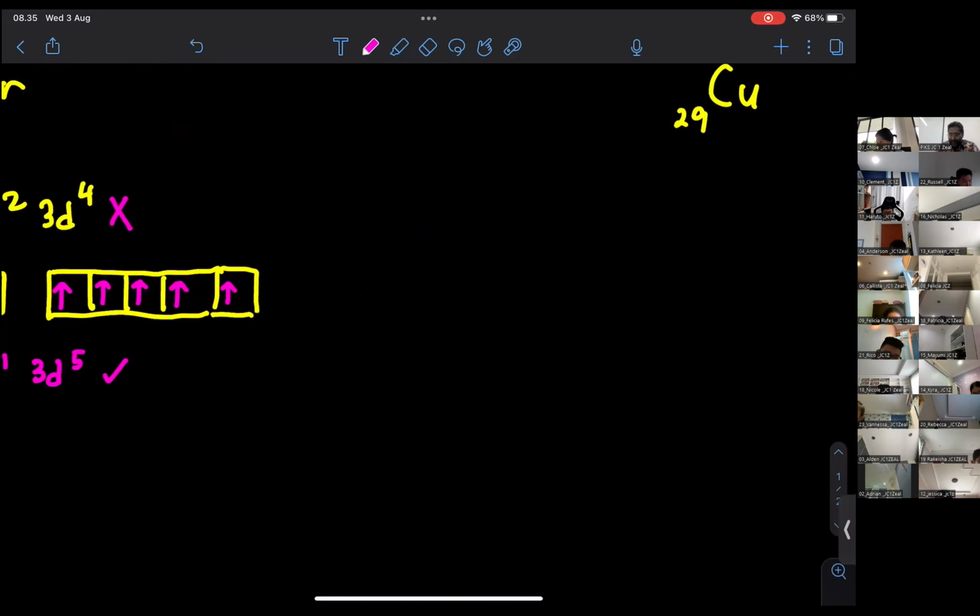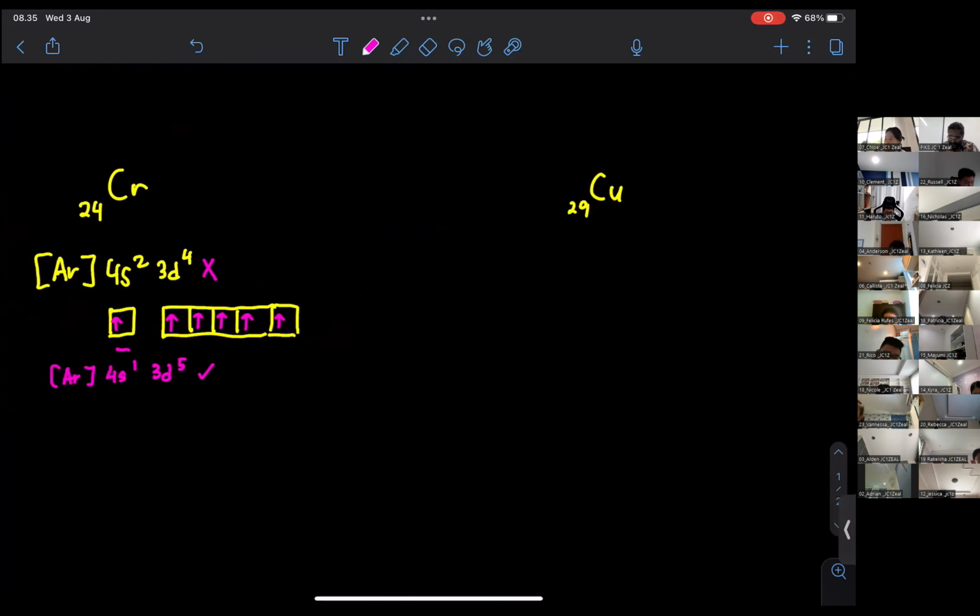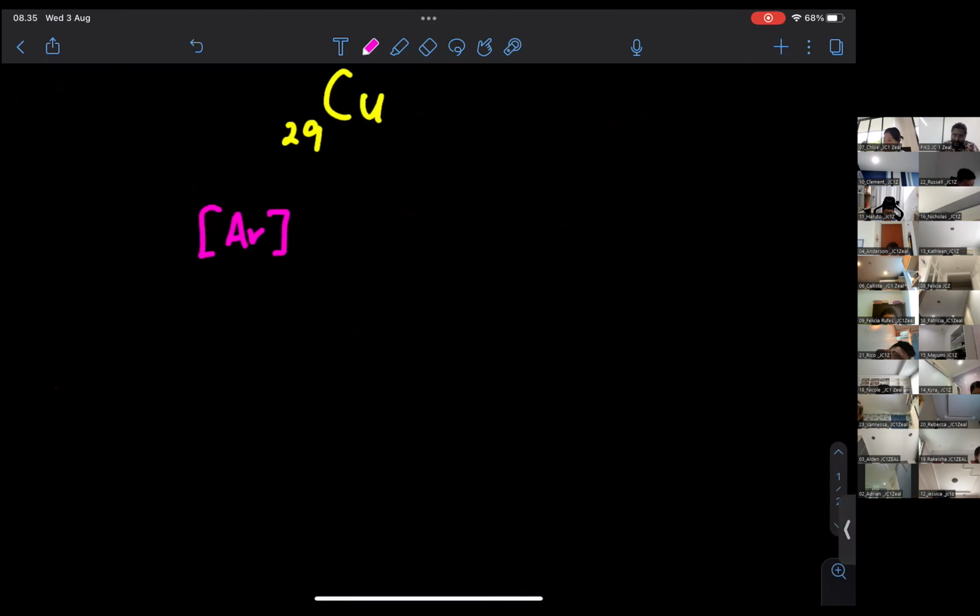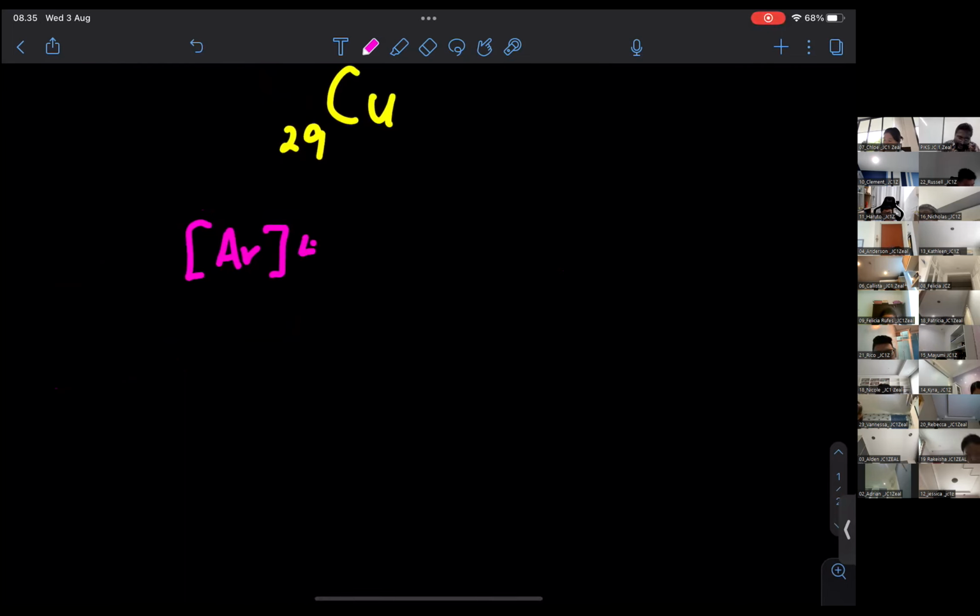Now, we have another exception for copper. Copper is written as Ar, which is 18, then 4s2, which makes 20, then 3d1. I need 9 more to make 29, so 3d9.